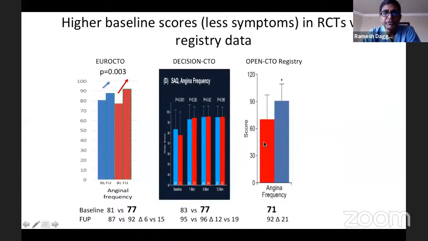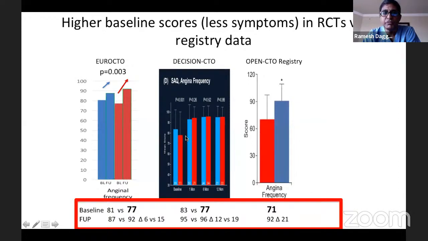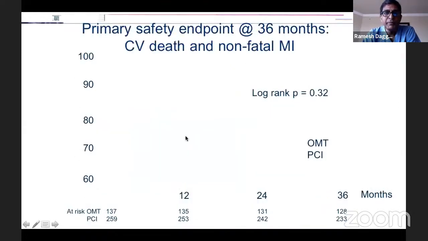In an open CTO registry, you see that the baseline is much lower as compared to the baseline with medical therapy or PCI, which is nearly 75% in the EuroCTO scores as well as in the DECISION-CTO. So the primary endpoint in the EuroCTO trial at 36 months is cardiovascular death and non-fatal MI. I don't know why it happened, but there's no difference between the two.